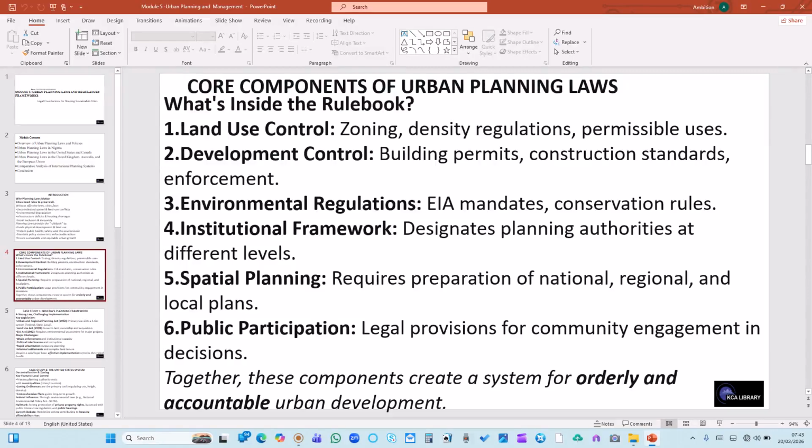Number 5, spatial planning, which requires preparation of national, regional, and local plans. Number 6, the last, public participation, which involves legal provision for community engagement in decision making. Together, these components create a system for orderly and accountable urban development.